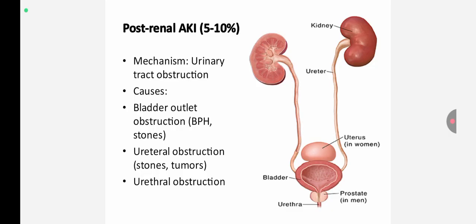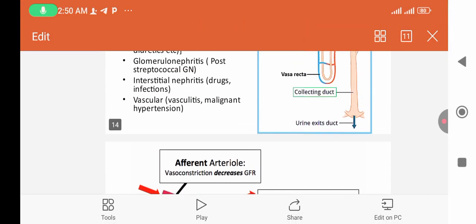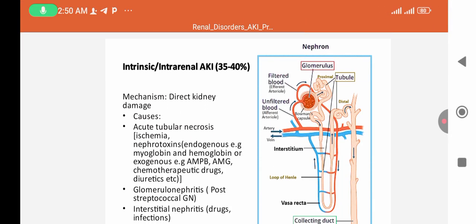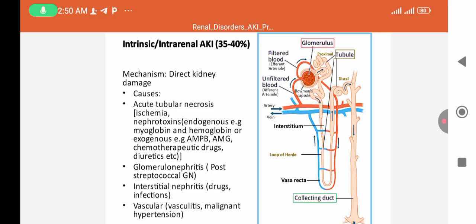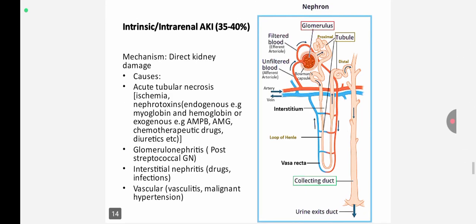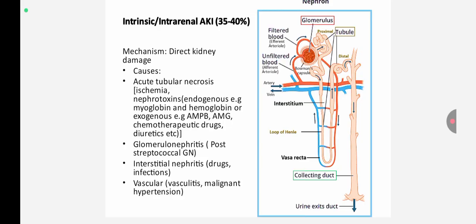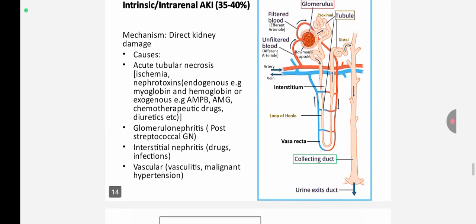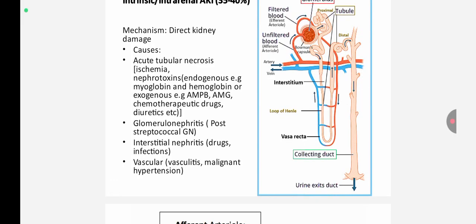We have the intrarenal, things that affect the nephron, which could be acute tubular necrosis caused by ischemia, reduced blood supply, or nephrotoxins, either endogenous or exogenous. Classically, the sign you see in acute tubular necrosis is muddy or brown casts in the urine.